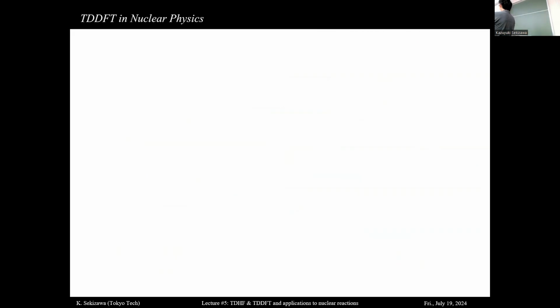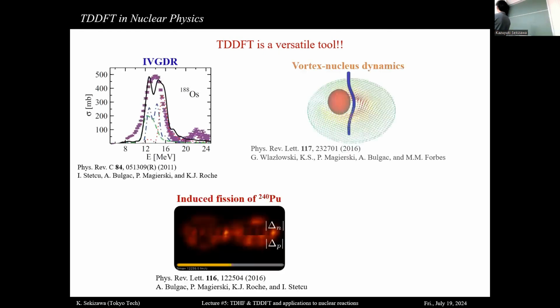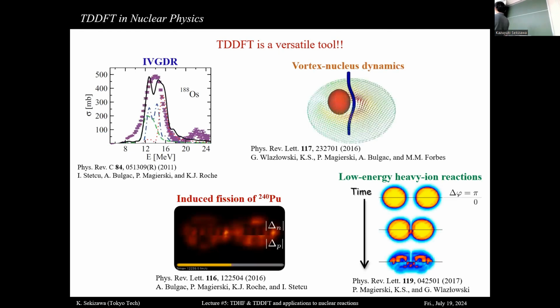And then we can actually apply this TDDFT to describe various phenomena in atomic nuclei. I just picked some representative examples. The first one is the excitation, the isovector giant dipole resonance. This is the out-of-phase oscillation of neutron and proton densities, and this plot shows the photoabsorption cross sections.